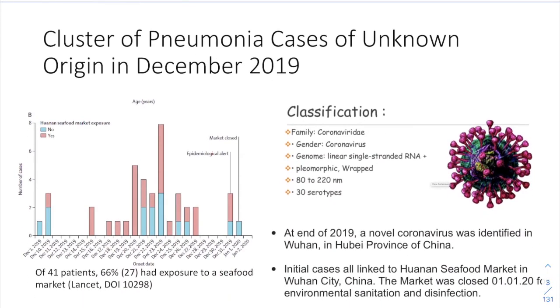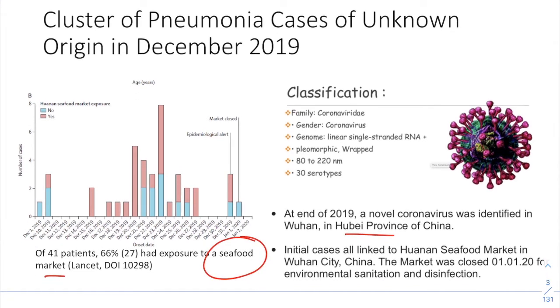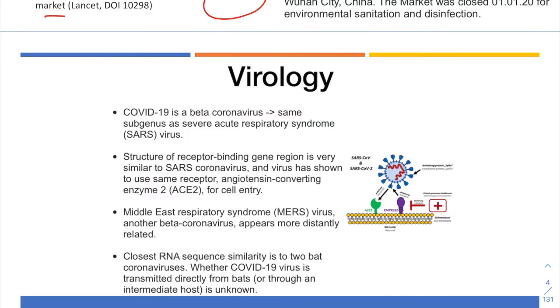So a new virus was now linked to the seafood market in the Hubei province, thought to be transmitted through an intermediate host, the pangolin, and then to humans, in which the natural reservoir was the bat. This was the novel coronavirus. This novel coronavirus causing the disease COVID-19 is a beta coronavirus named the SARS coronavirus 2. Why is it named the SARS coronavirus 2?